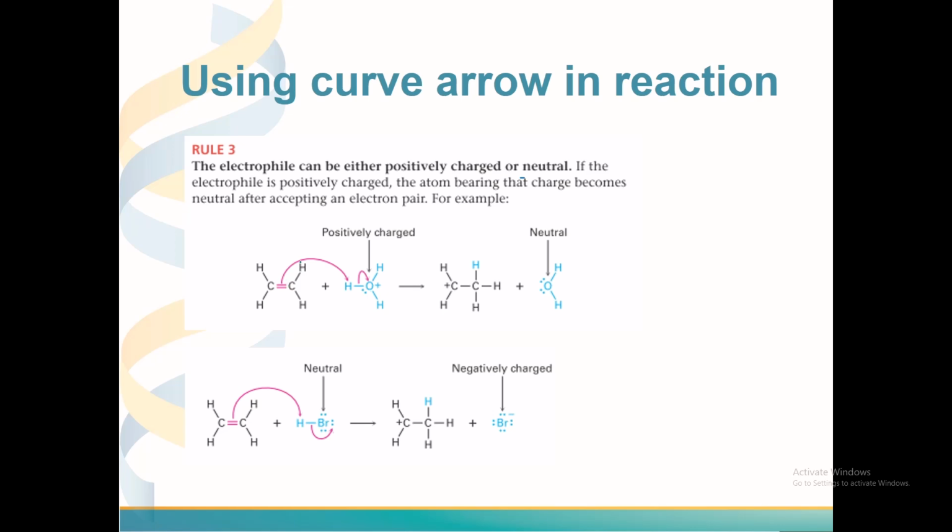So when the electron attracts the hydrogen, thus causing it like this, then it becomes neutral. There's another example: if you have this, which goes this way, then this one is neutral and becomes negatively charged. So from positively charged it becomes neutral, and from neutral it becomes negatively charged.